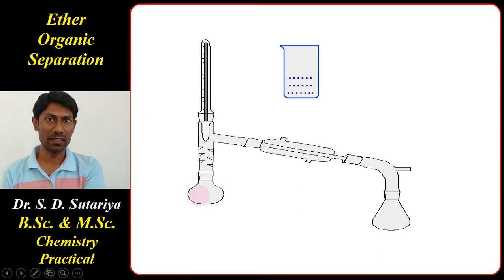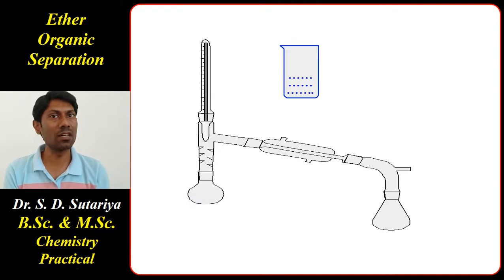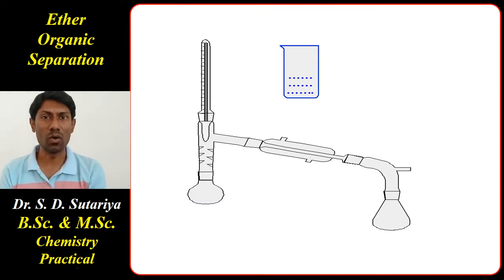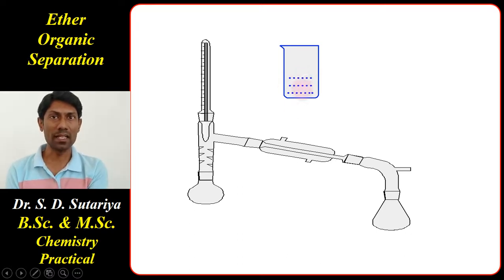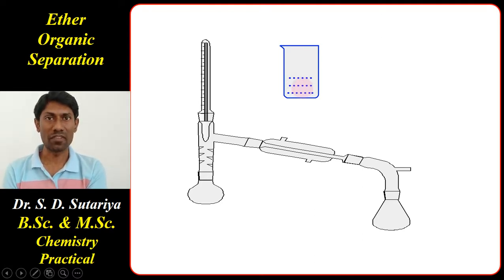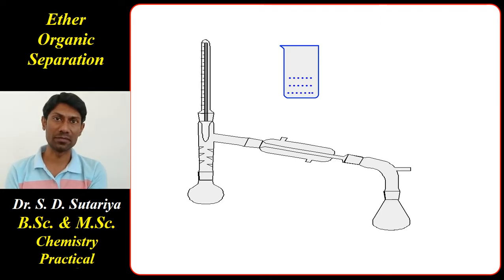Is it clear? The second step is the evaporating dish. Collect all the liquids in the evaporating dish and evaporate them. After evaporation, if liquid remains, a liquid neutral is present; if solid remains, a solid neutral is present.